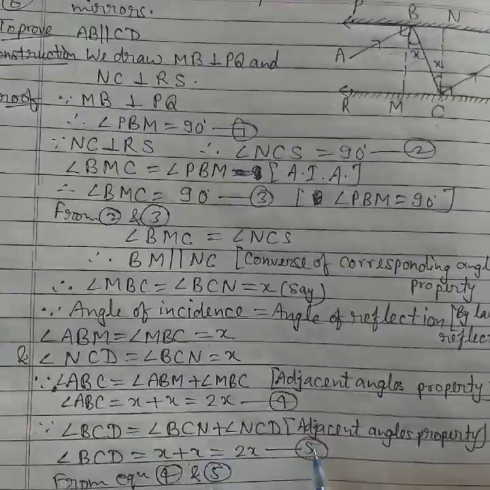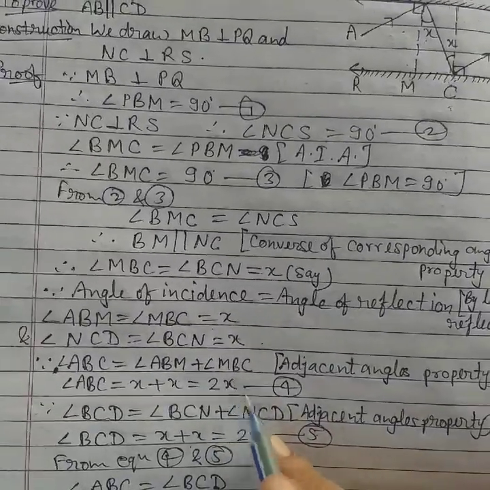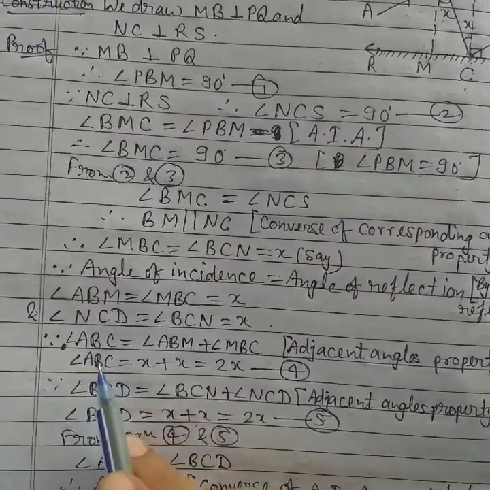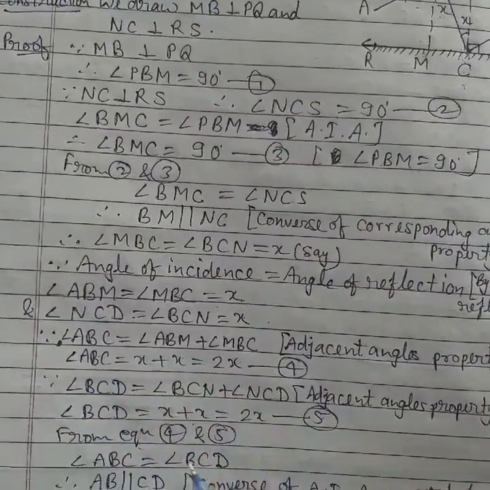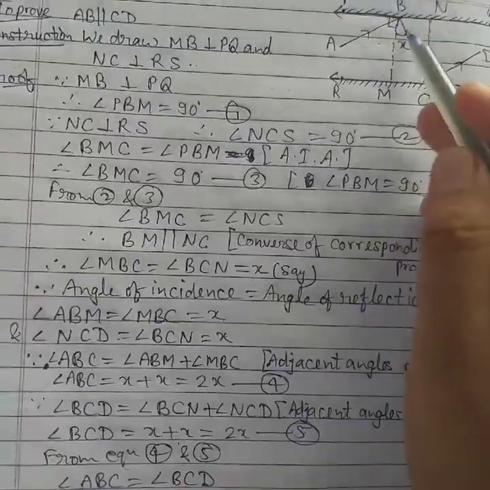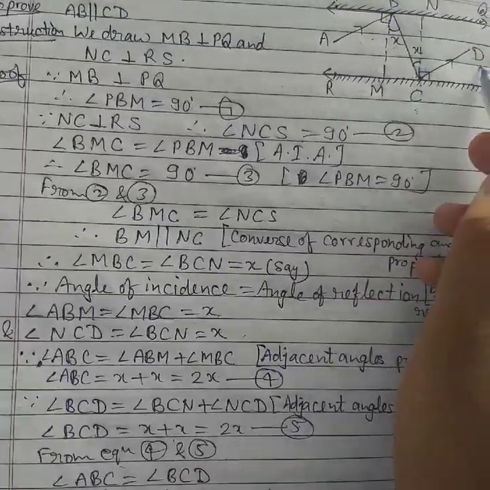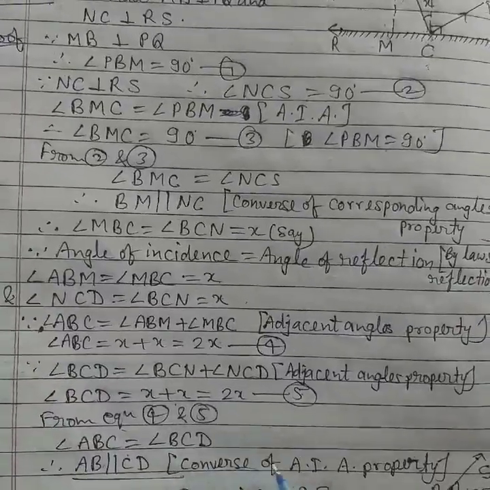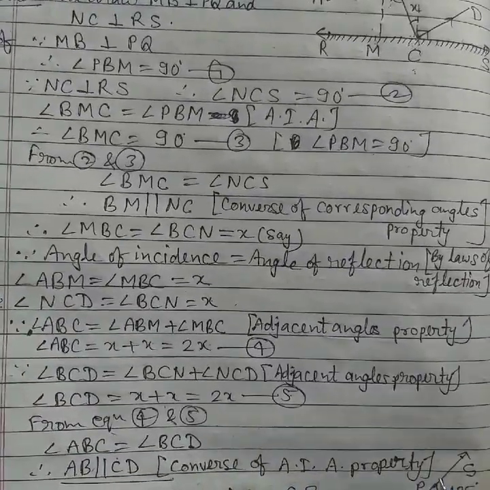This is equation 5. Now, the RHS of equations 4 and 5 are equal, so the LHS should be equal, meaning angle ABC equals angle BCD. Since these are alternate interior angles, therefore AB is parallel to CD, by the converse of the alternate interior angles property. Clear?